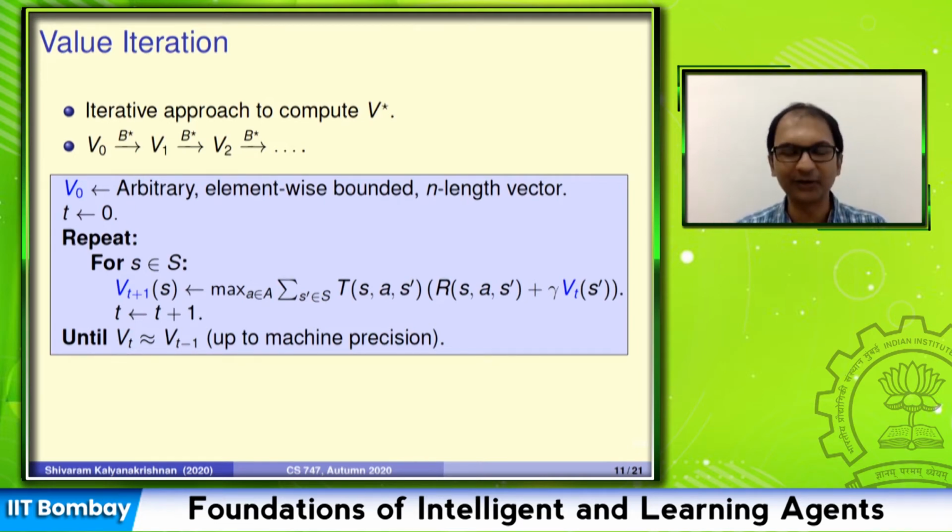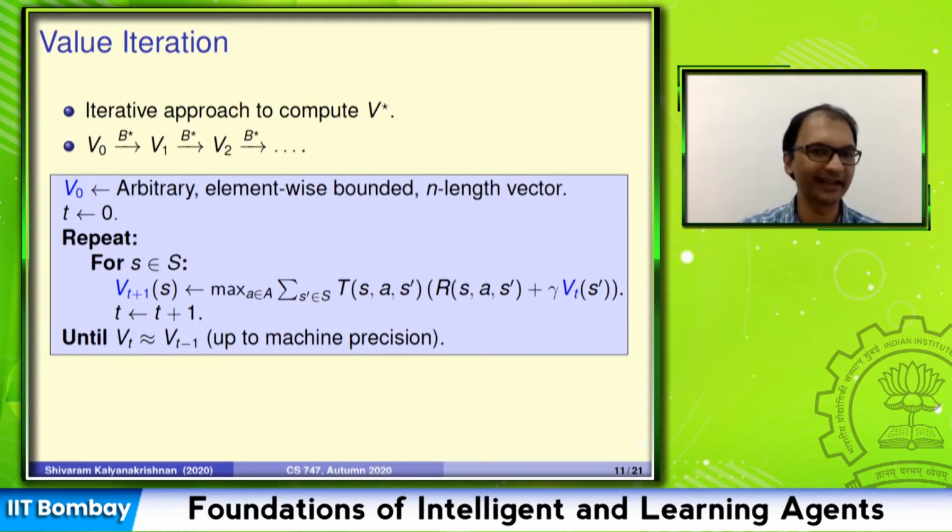In practice, you can't do anything an infinite number of times. So in practice, when you find that Vt and Vt minus 1 are close enough to each other, you'll stop. You might only have 32 bits or 64 bits of representation on your machine, so beyond a point, you might not be able to differentiate Vt and Vt minus 1.